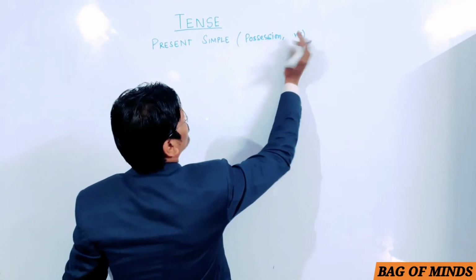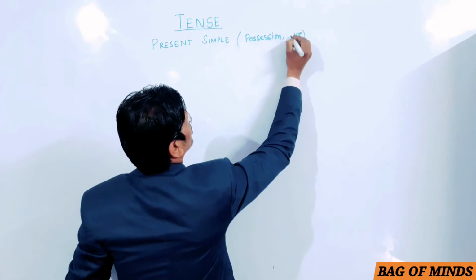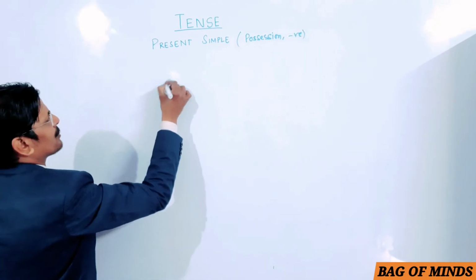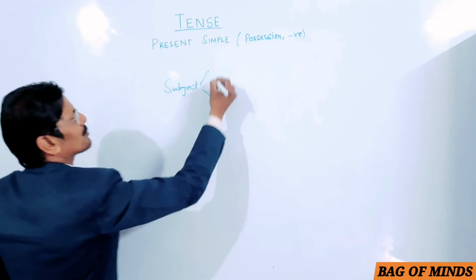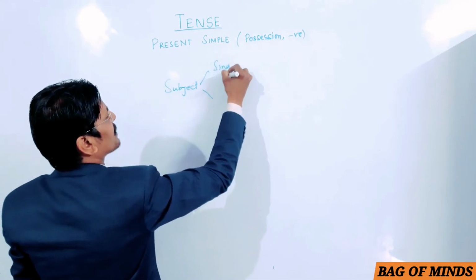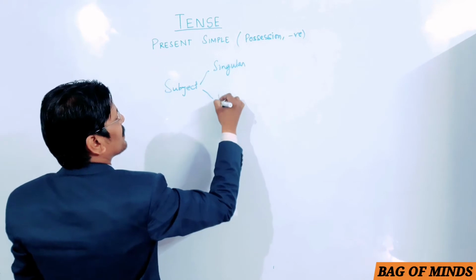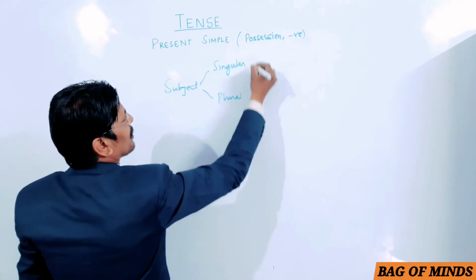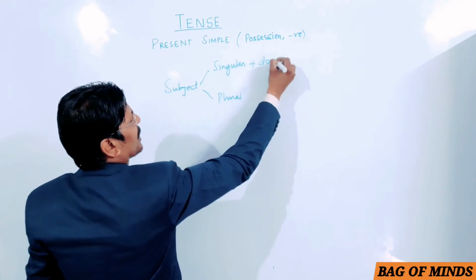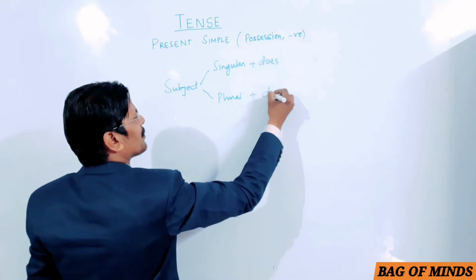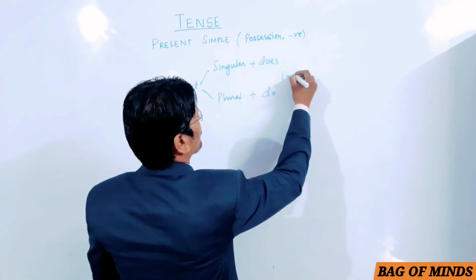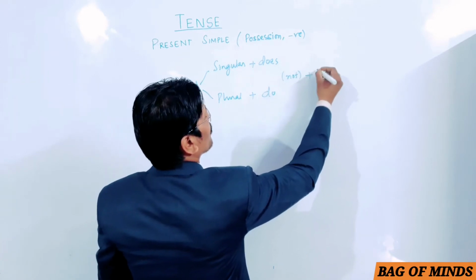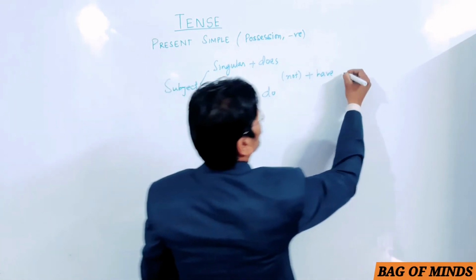Now I have to talk about possession negative. So here again subject. Let me increase the font size here, singular, then our plural. For singular we will use does, for plural we will use do, and rest remains the same, means not plus have plus possession.